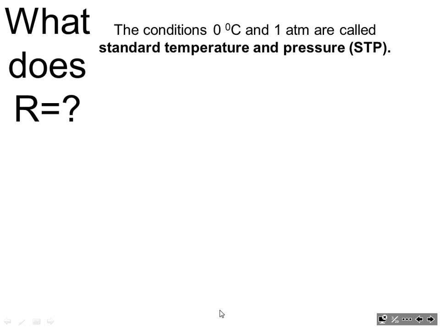So, let's look at this. We have conditions at standard temperature and pressure. We've already talked about STP. We stated that STP was 0 degrees Celsius, 1 atmosphere of pressure, correct? So, STP, temperature 0, pressure is 1 atmosphere.